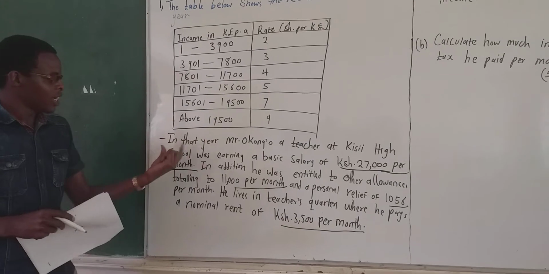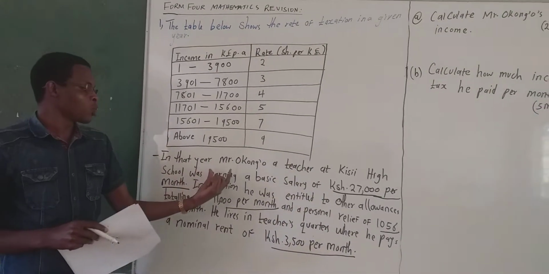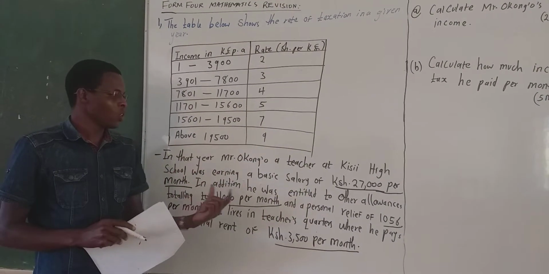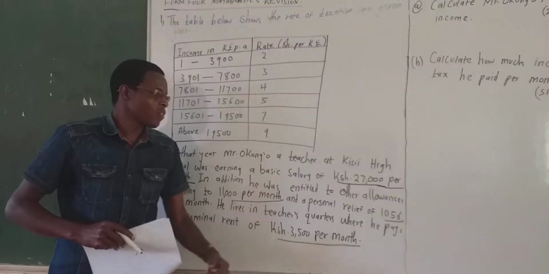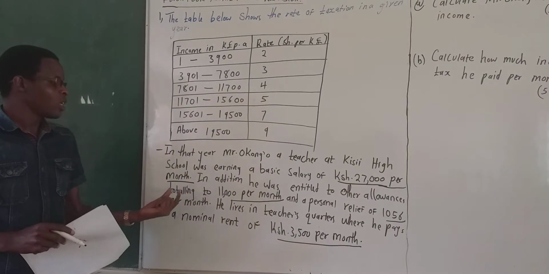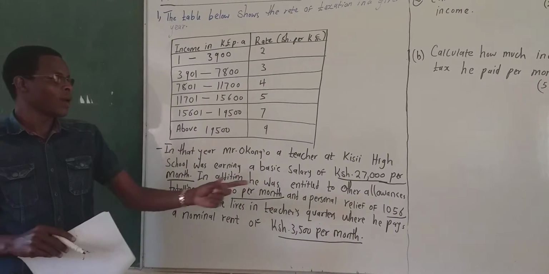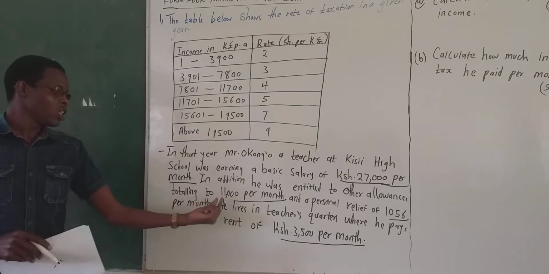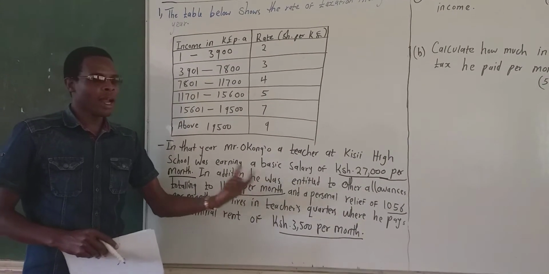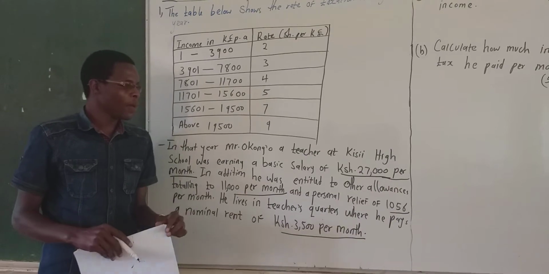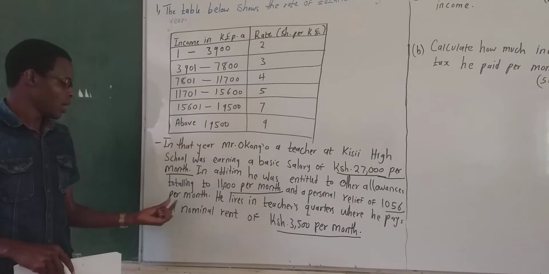So we have this person, Mr. Okomo, a teacher at Kisia High School. His basic salary was 27,000, and he was also earning other allowances amounting to 11,000. Apart from that, there was a personal relief of 1056 per month.